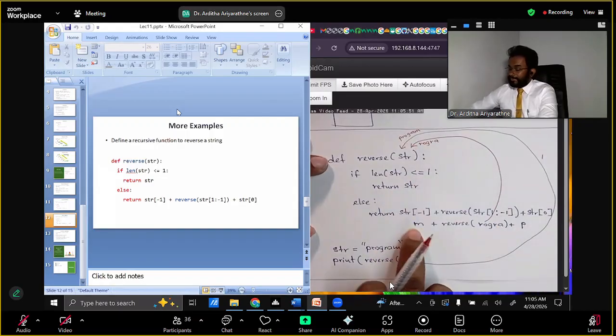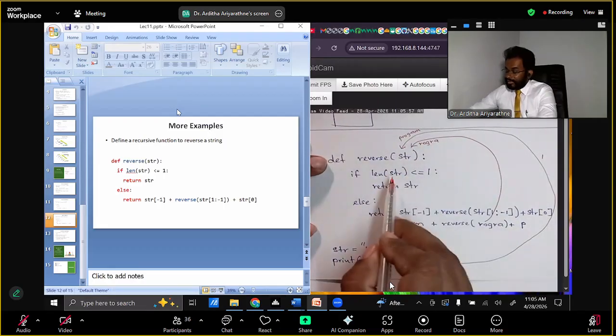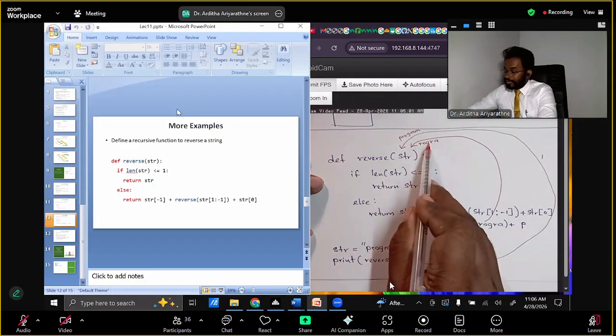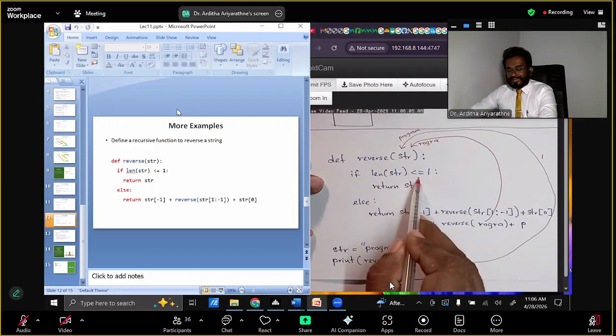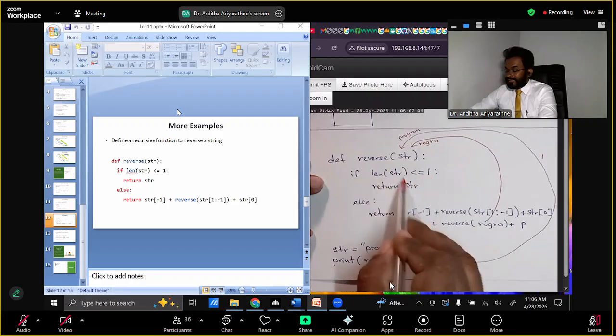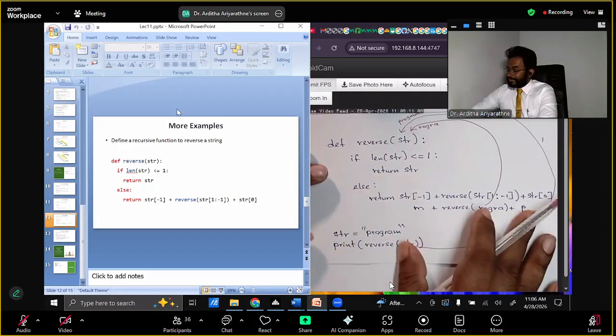Now here we have M and P. Right? ROGRA. Now the len function returns what? 1, 2, 3, 4, 5. 5. It's not less than or equal to 1. It means this if condition is false. Now we are coming to else.